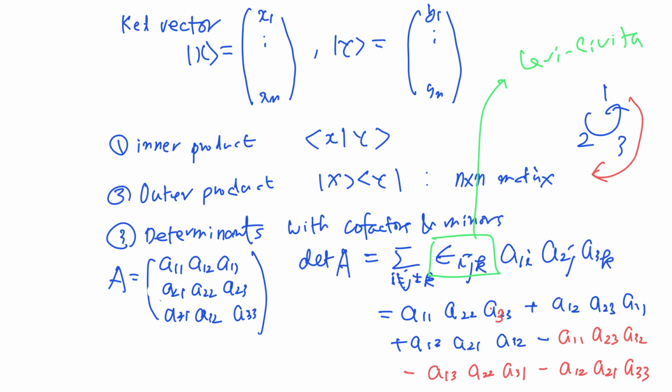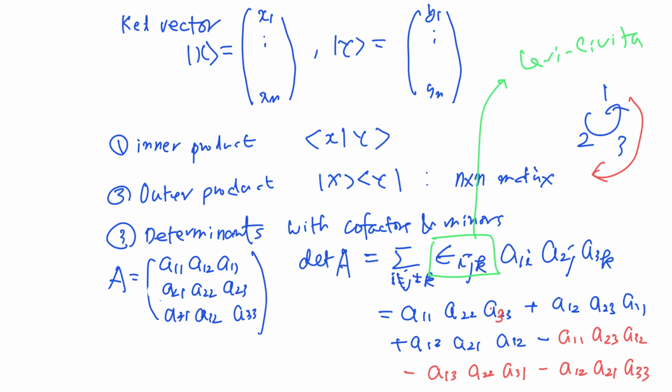Or start with 3, 1, 2. If it is clockwise, it's called odd permutation and gives a minus sign. So A11, A23, A32. A13, A22, A31.